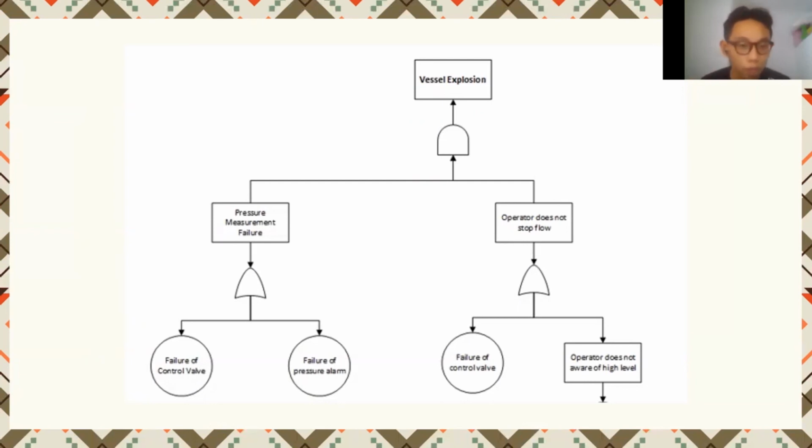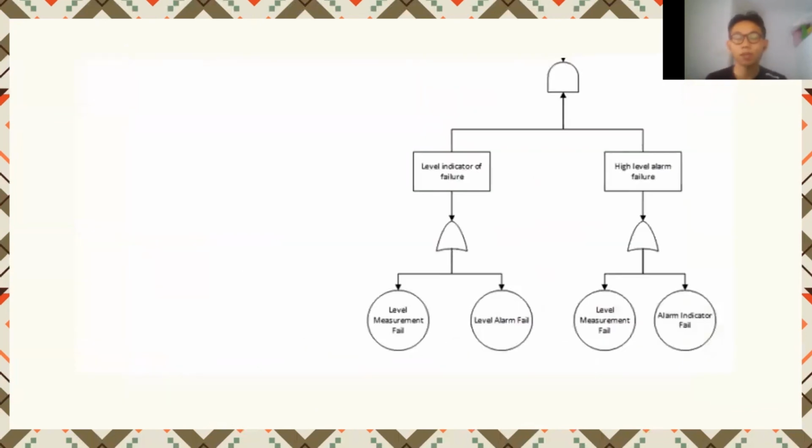For the first one, the pressure measurement failure is either caused by failure of the control valve or failure of the pressure alarm. For the second event, the operator does not stop flow, it can be caused by failure of the control valve or the operator not being aware of high level.